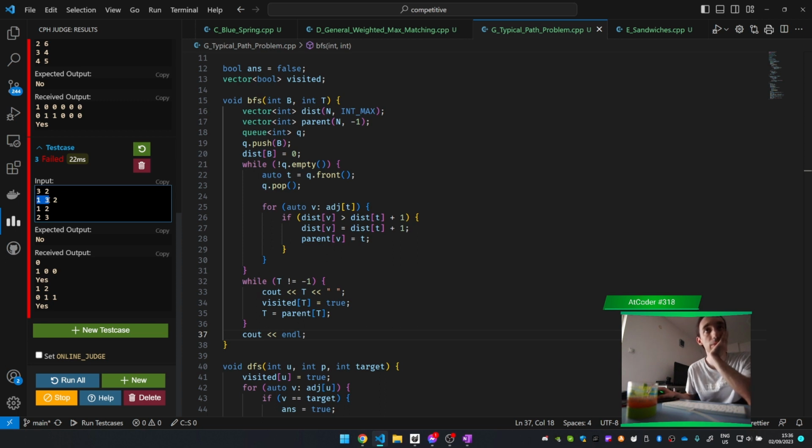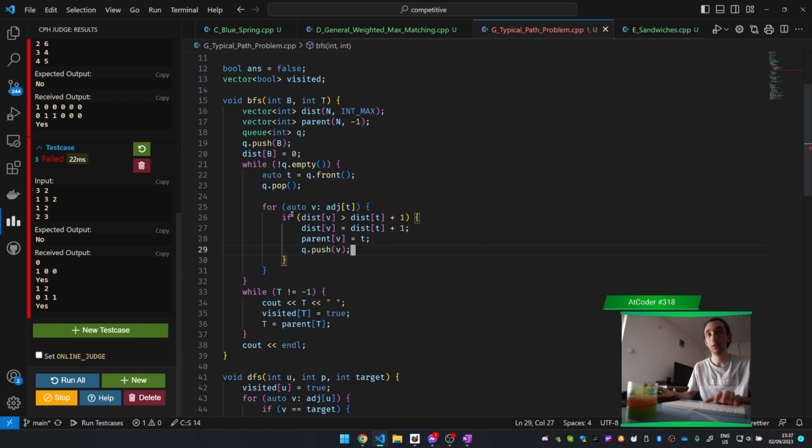We start at B, which is 3, and then we go to 2, and then we go to... of course queue push V. Where's what? 0, 1, 2. 1 and 2.